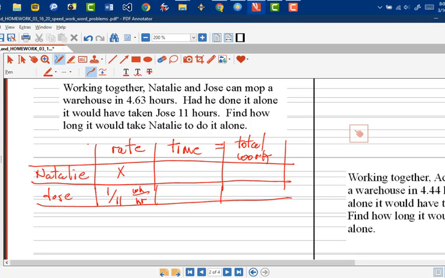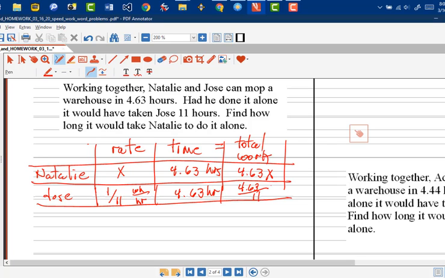So the time that it takes them together, well, Natalie would have worked for 4.63 hours and Jose would have worked for 4.63 hours. So the total amount of work that Natalie does in that time period is going to be 4.63x, and the total amount of work that Jose does is going to be 1/11 times 4.63. So if you multiply those, you get 4.63 divided by 11.